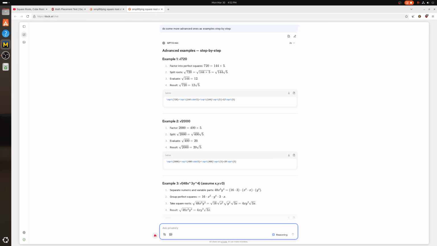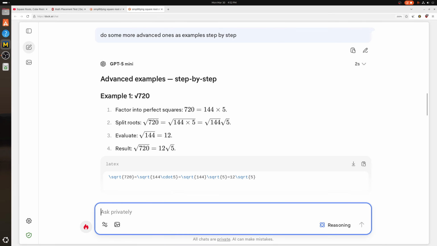That's 12 root 5, yeah. And then 2000. Here, I'll just zoom in here. I did not look at the answer, I swear.